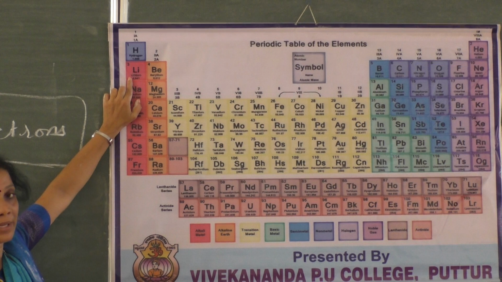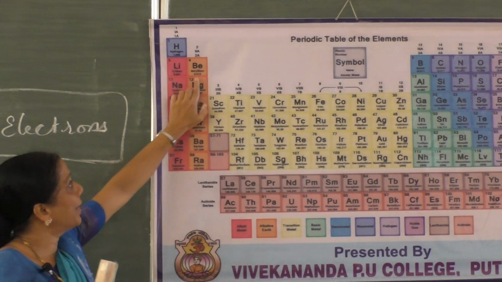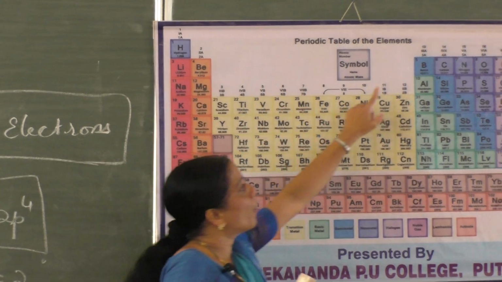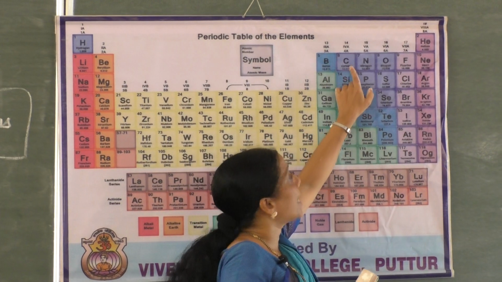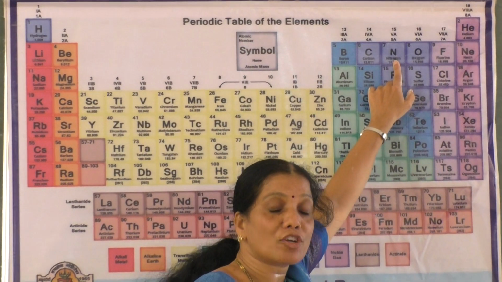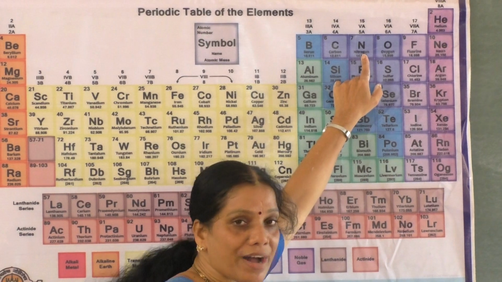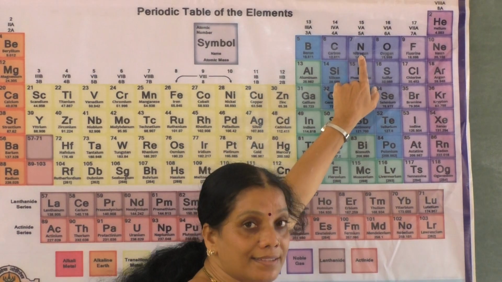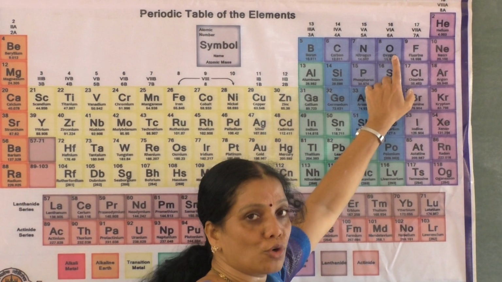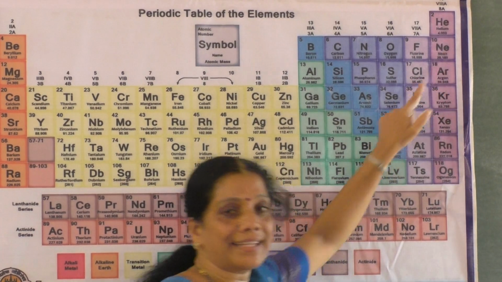Starting from here, tell me along with me: valency is 1, beryllium 2, boron 3, carbon 4. For nitrogen, the number of valence electrons is more than 4, so we have to use the formula 8 minus the number of valence electrons: here it is 3, here it is 2, here it is 1, here it is 0. Again that repeats.